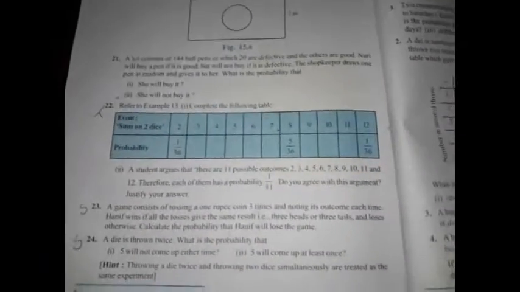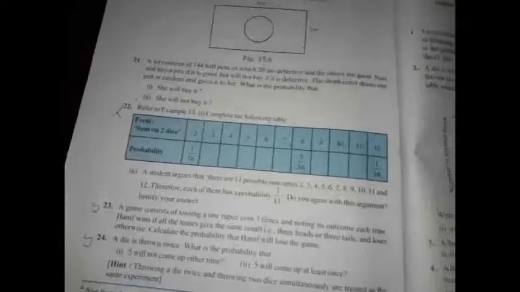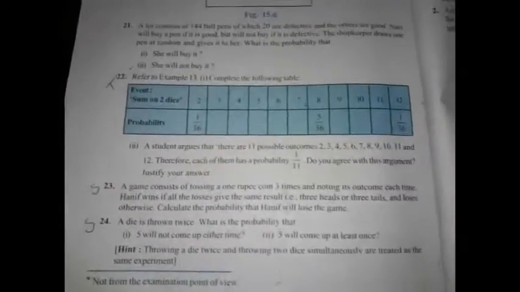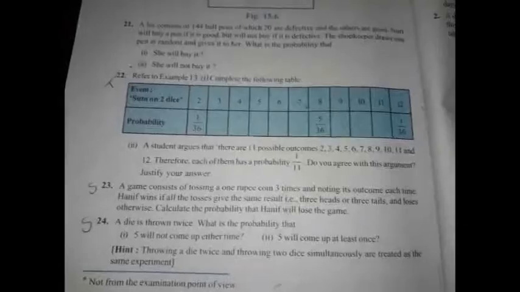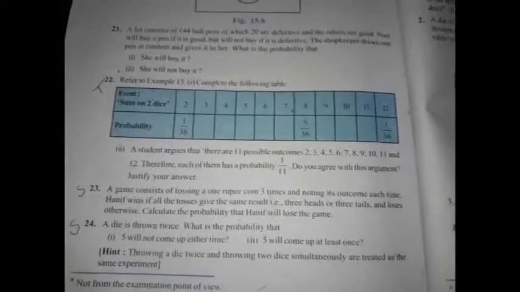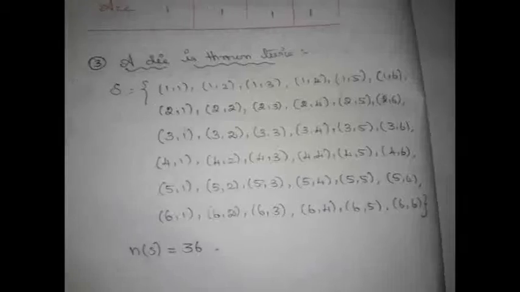Next question is all about throwing 2 dice together. I want to tell you about the sample space. When a die is thrown twice or 2 dice are thrown simultaneously, what are all the possibilities of outcomes?